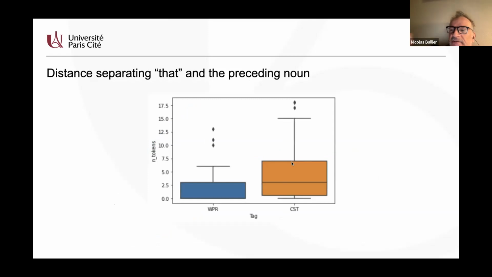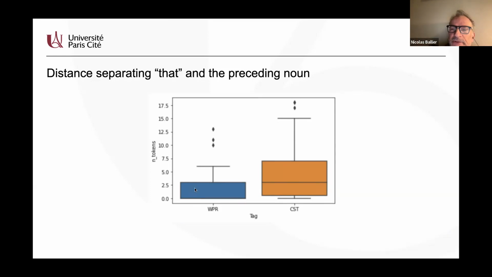One of the factors that definitely provides an explanation for the discrepancy between these results is the fact that the distance between that and the corresponding nouns can potentially be different.